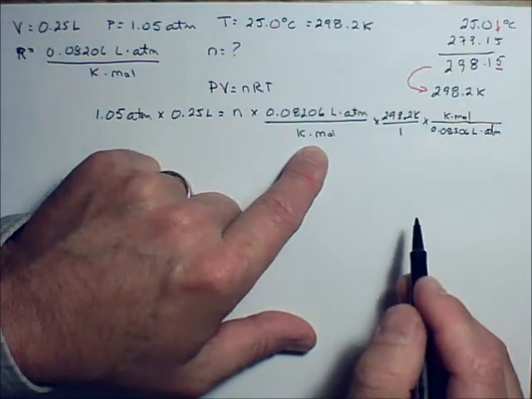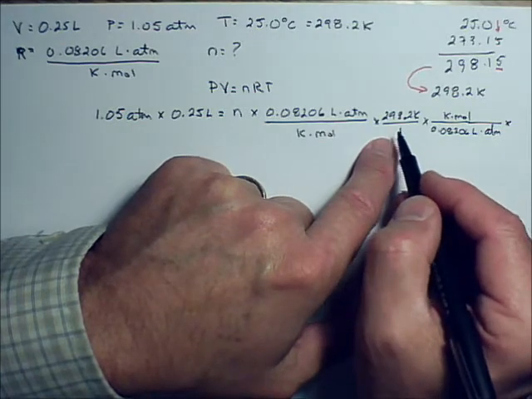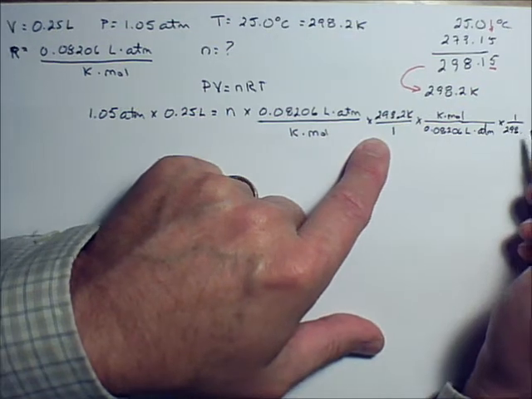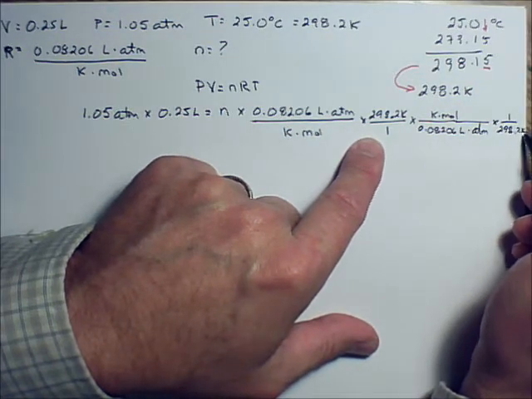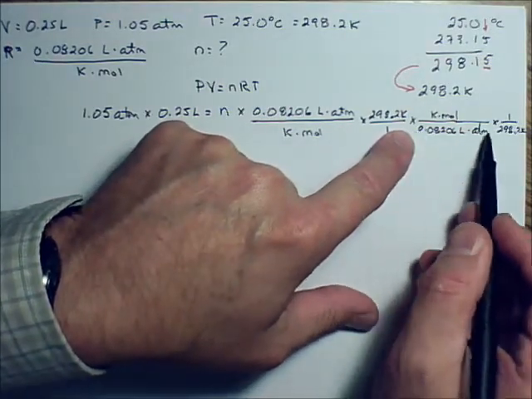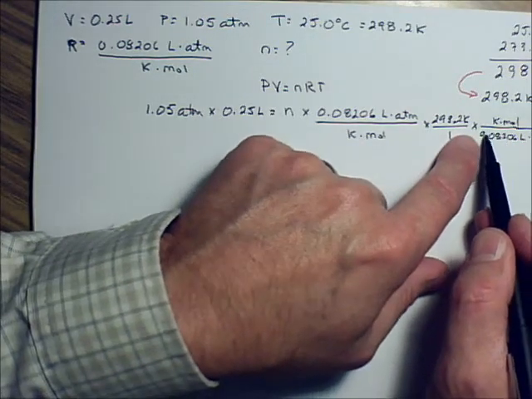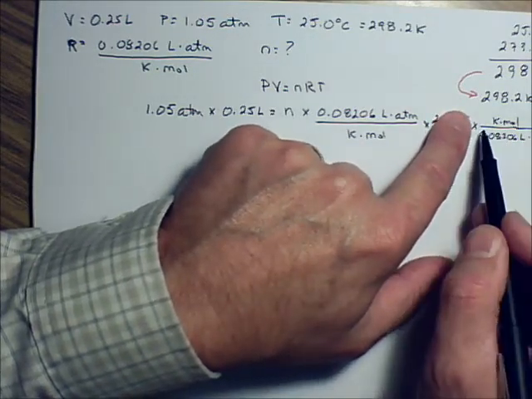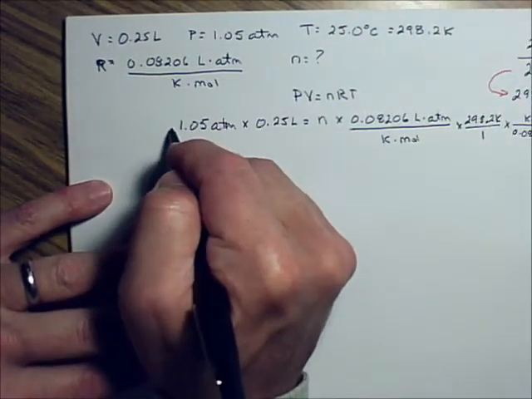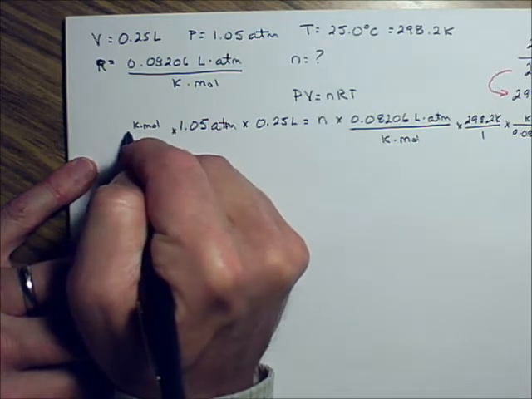That's going to allow us to cancel all that. But I also need to put this on the bottom of a fraction to cancel that out: 1 over 298.2 K. Now, the rule is, whatever we do to this side of the equation, we have to do to the other side. So if I multiplied these things on this side, I've got to take those same things and put them over here. I have to.